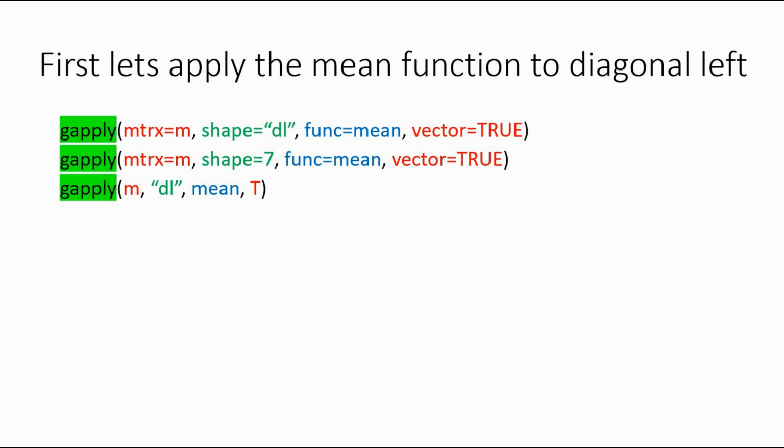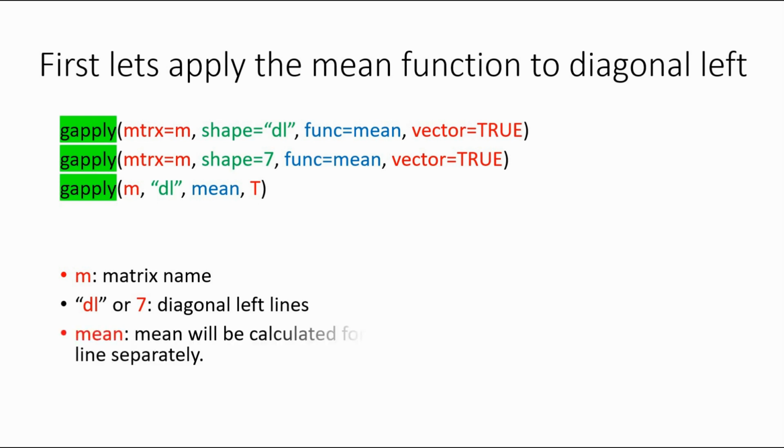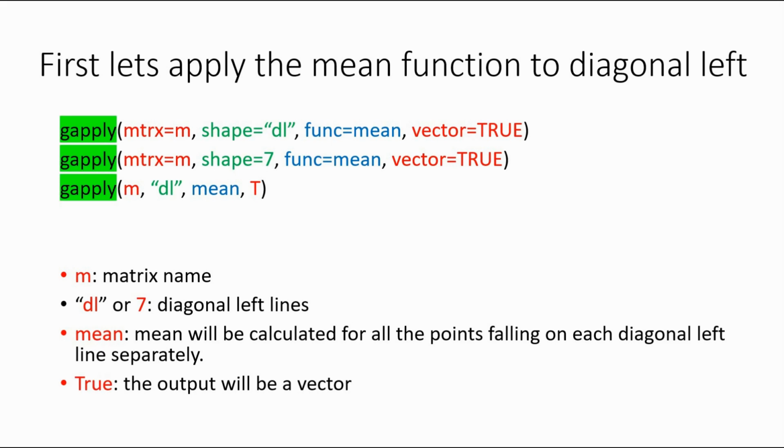You can just type the arguments of all these 4 parameters in the correct sequence. Here M is the name of the matrix, DL or 7 stands for diagonal left lines, mean is the function we are going to apply to each diagonal left line separately. True, that is the output will be in the form of a vector.